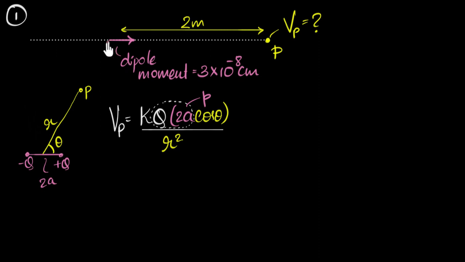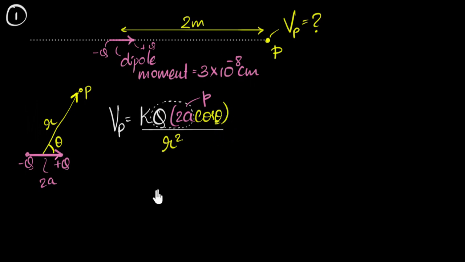So this is your negative charge, this has got to be your positive charge, and here the dipole moment is this way. The theta is the angle between the dipole moment vector and the vector that points towards P, the r vector.